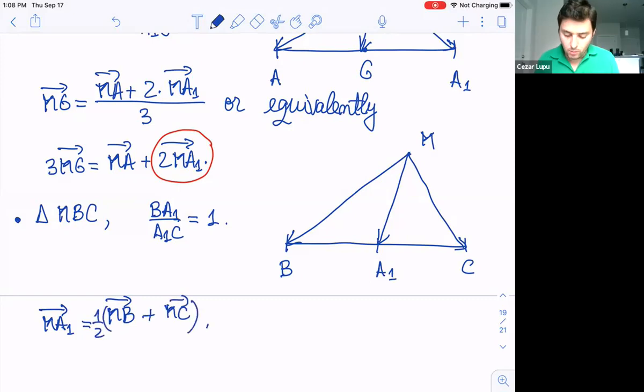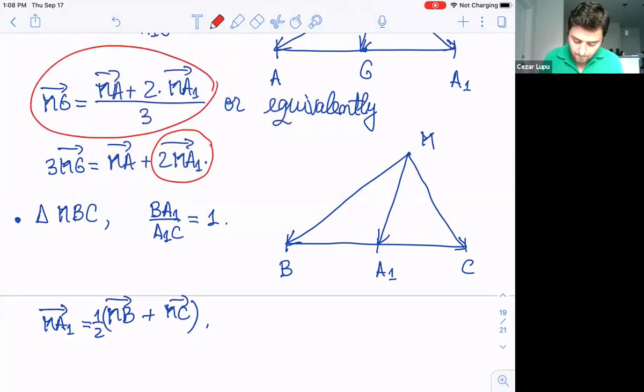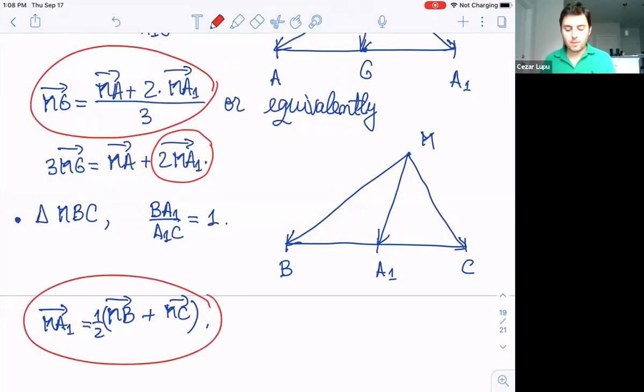Well, guess what? We have these two relations here. Look at them. You see them here? Now I'm just going to plug in MA1 here.